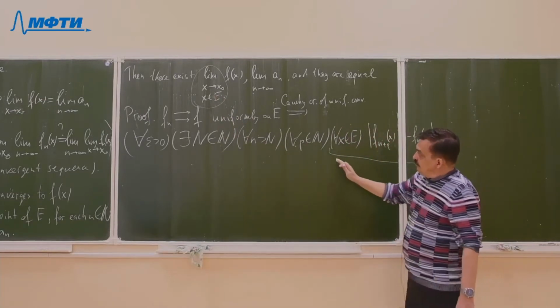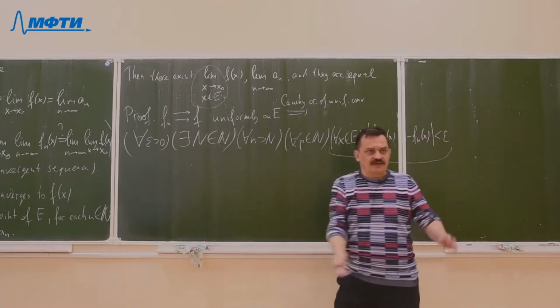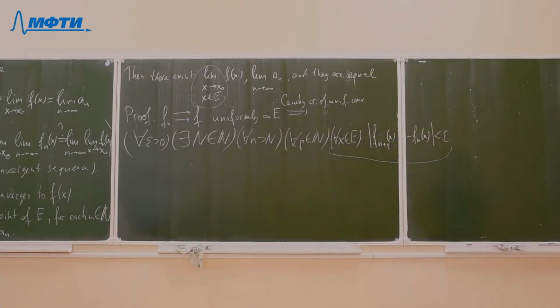So for a moment, I'll fix everything else: epsilon, capital N, little n, p, everything is fixed.